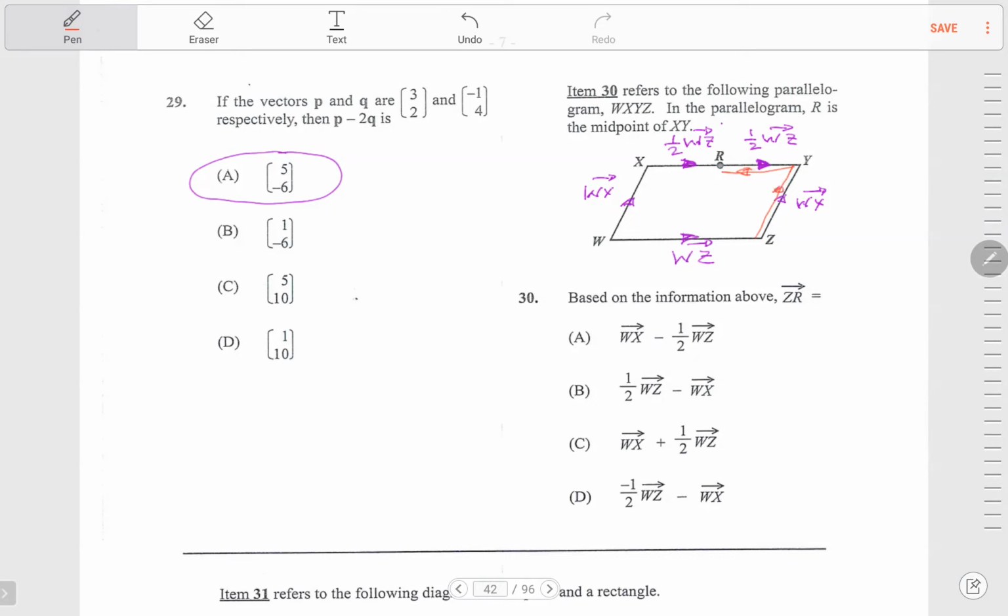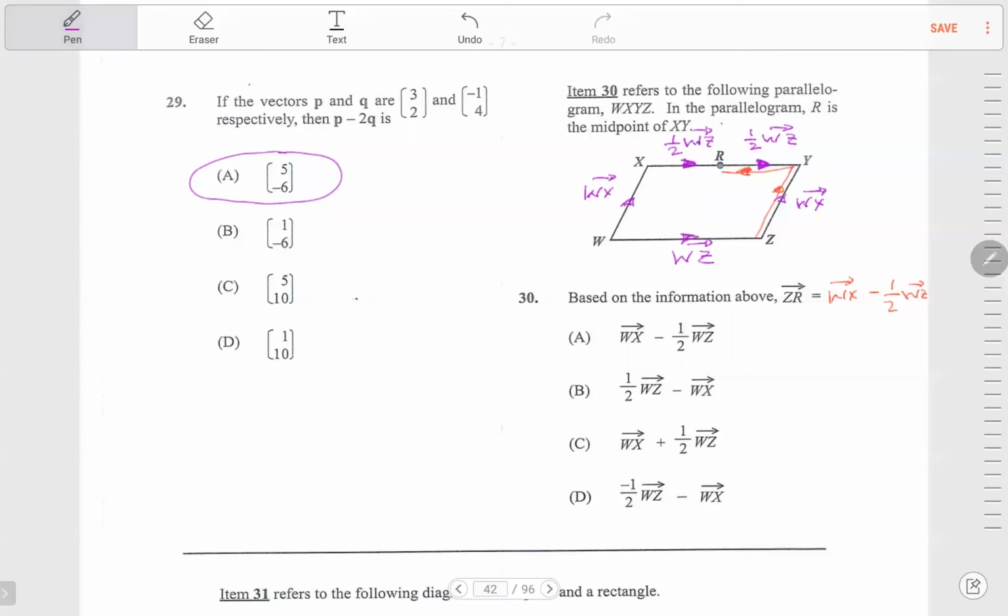So clearly, it is WX, and then you're going in the opposite direction to WZ, half of WZ. So it's minus half of WZ. The minus is because you're going in the opposite direction to WZ. So it's WX minus half of WZ. And so that is the answer.